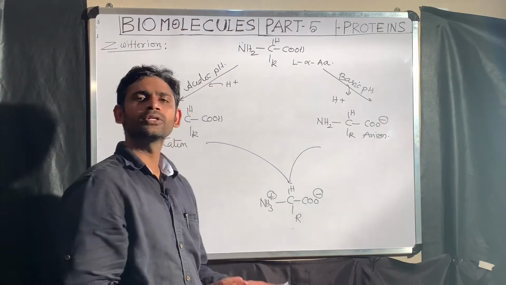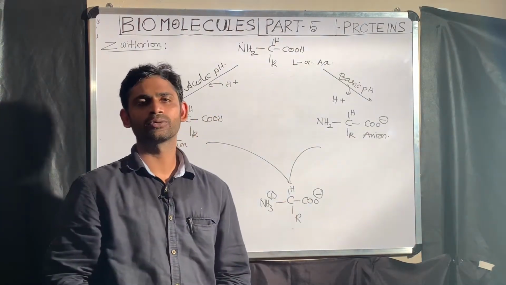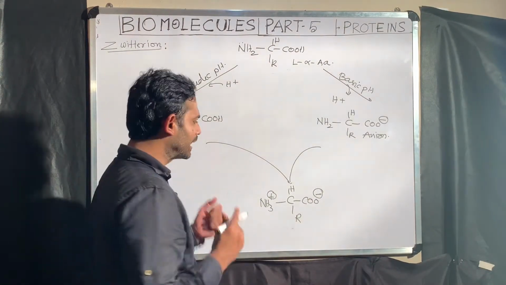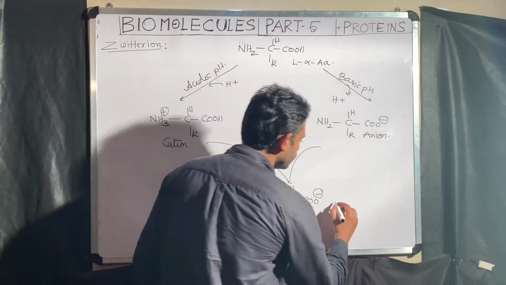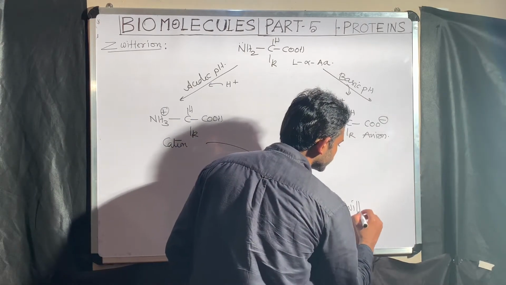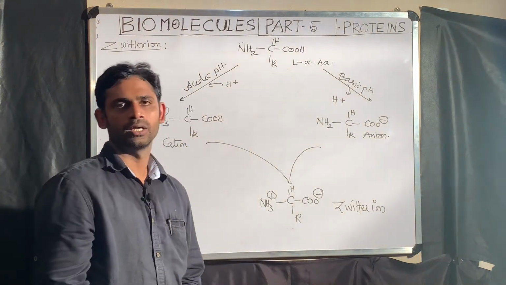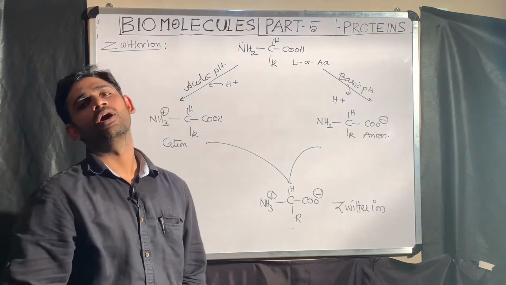Definitely, this molecule neither moves to the cathode nor moves towards the anode. This electrically neutral molecule, we call a Zwitter ion. You can call it a dipolar ion or amphoteric ion.